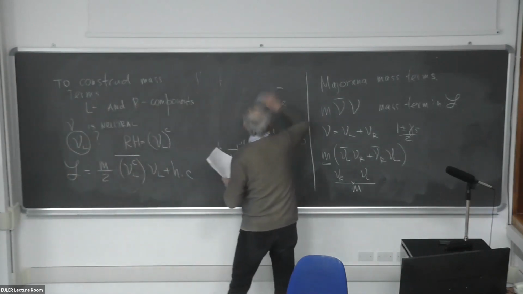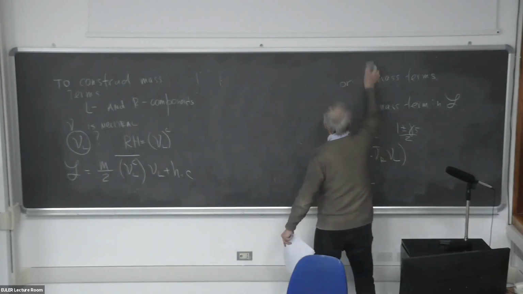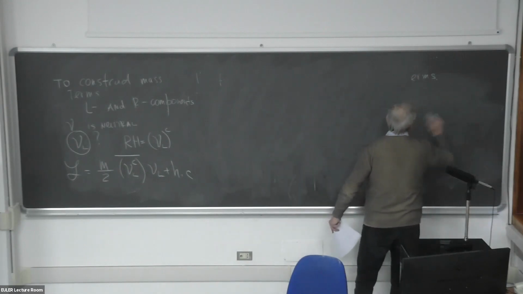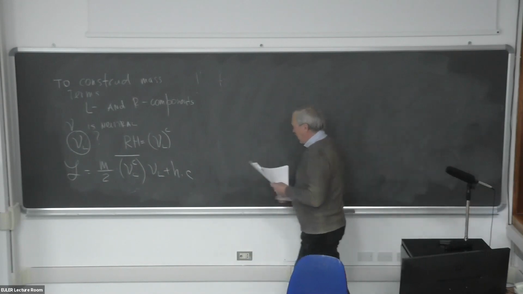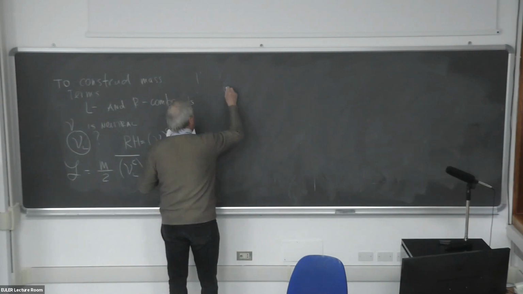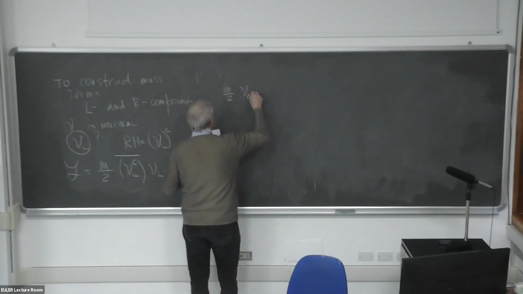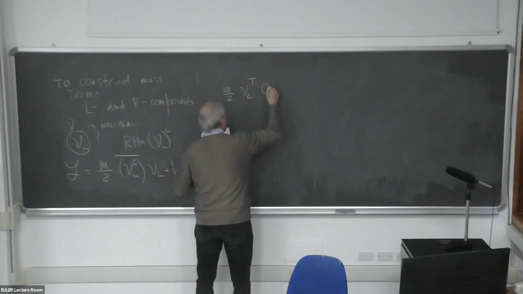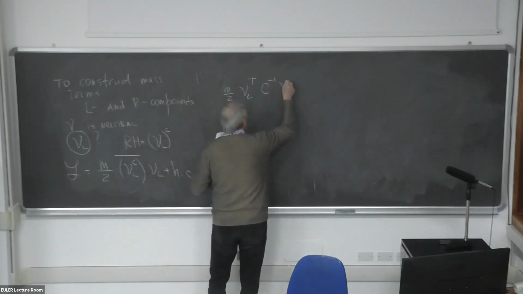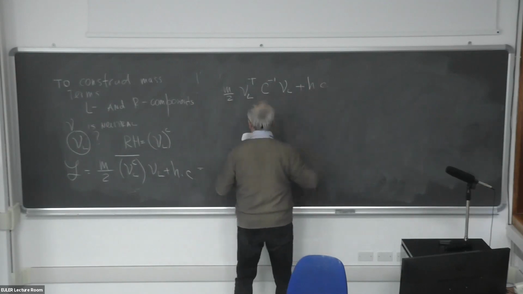We can rewrite such a mass term. We can write this as m/2 nu left transposed C minus 1. This is i gamma 2 gamma 0 nu left plus Hermitian conjugate.